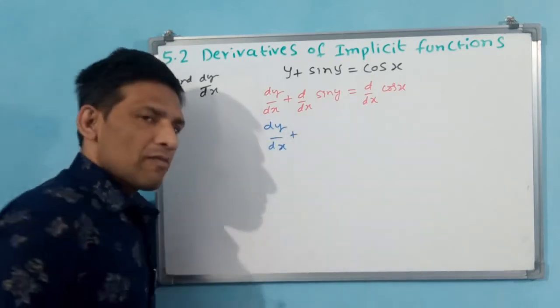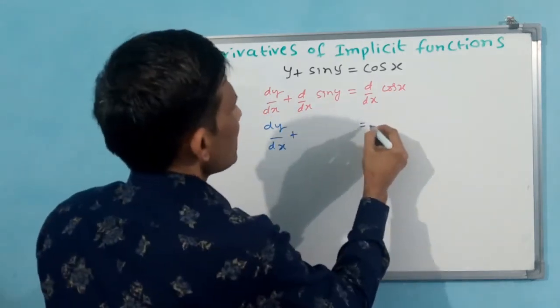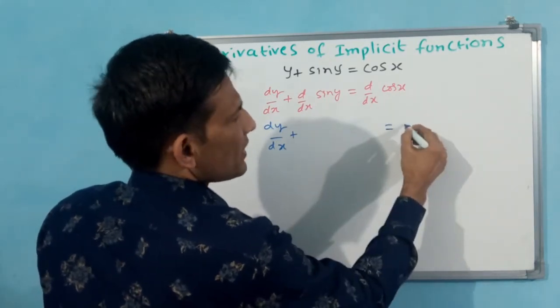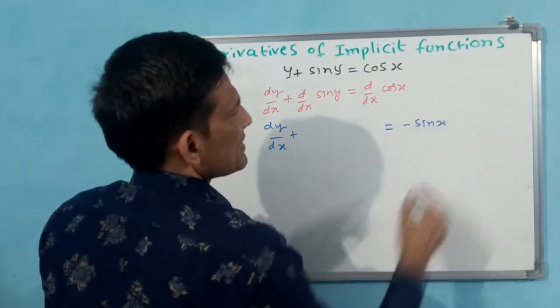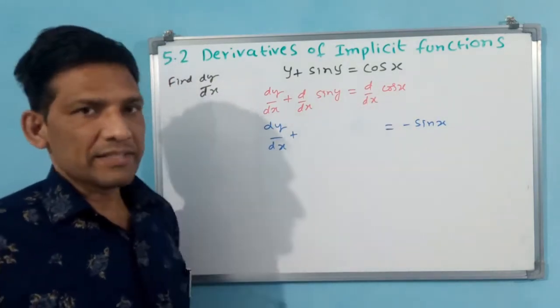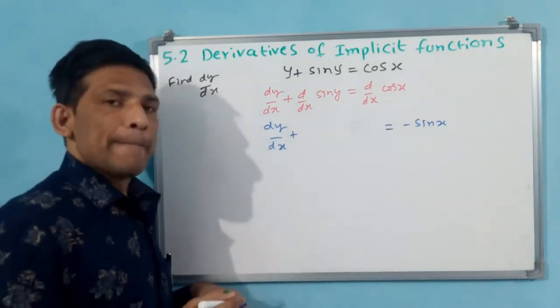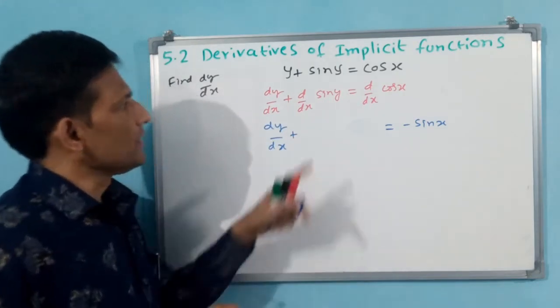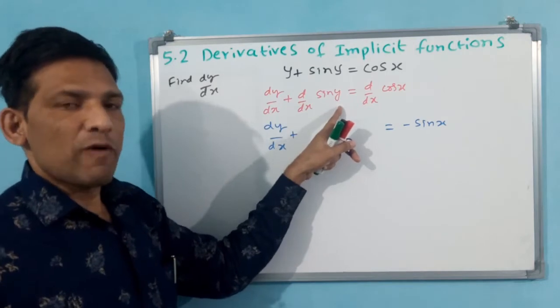You see now what you have to do. This side is also very easy. D by dx of cos x is minus sin x. But what to do with this? First, let you treat y as x.